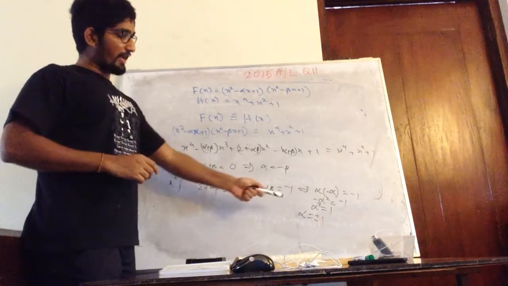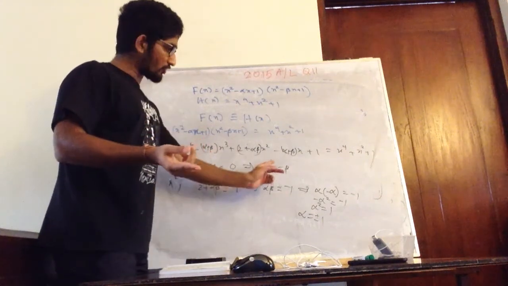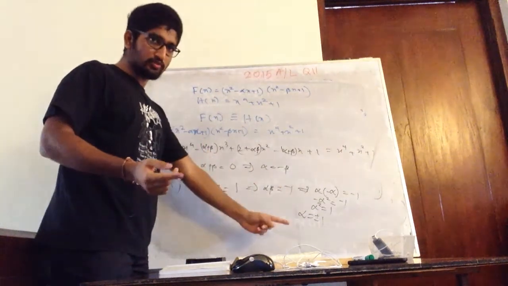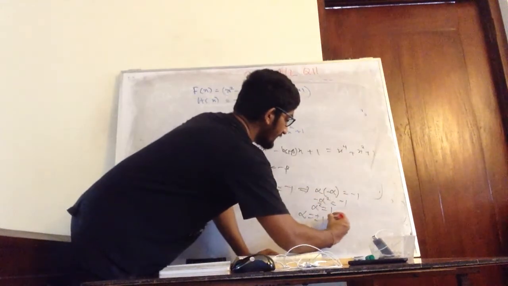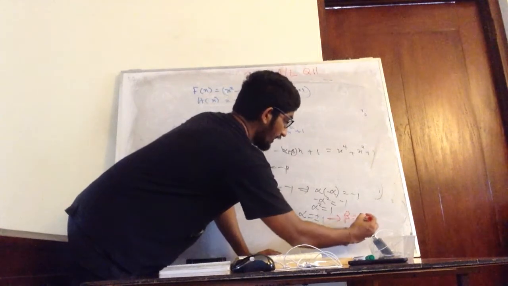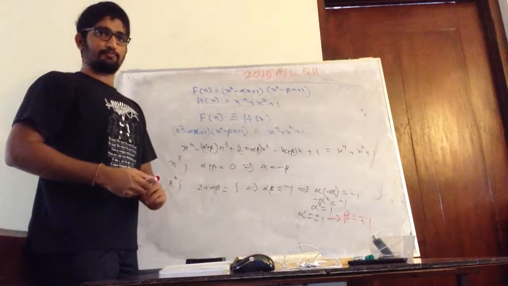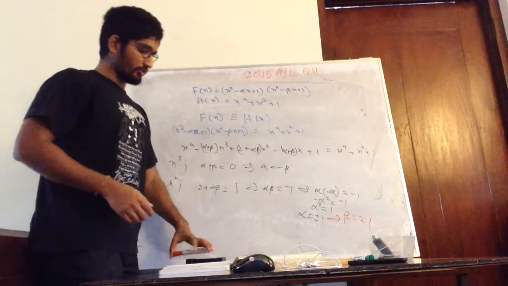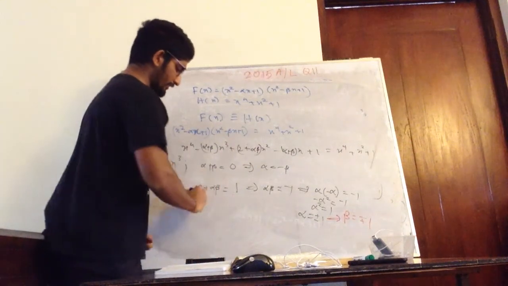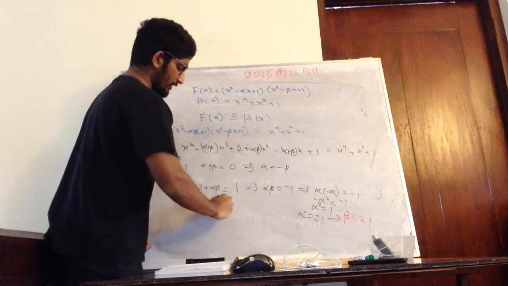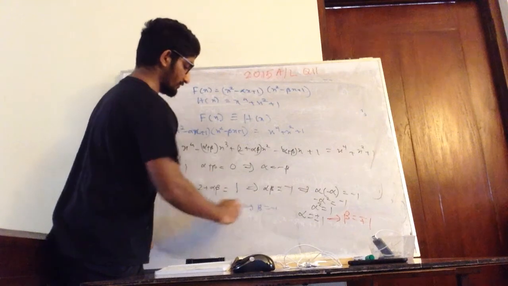Right now, if alpha is going to be plus or minus 1, the corresponding beta value is going to be the minus of this one. So that means beta is going to be minus or plus 1. If I tell you in more detail, when alpha is 1, beta is going to be minus 1.